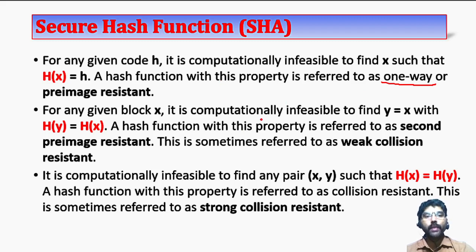This property is very important if the authentication technique involves use of a secret value. In the last video I told for authentication we are using unciphered message with secret value.